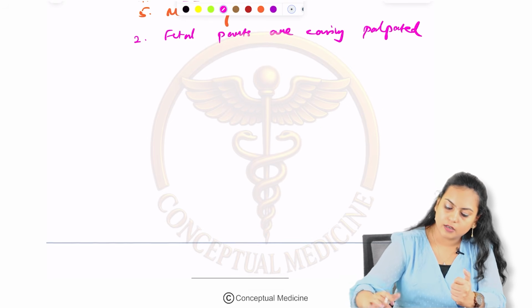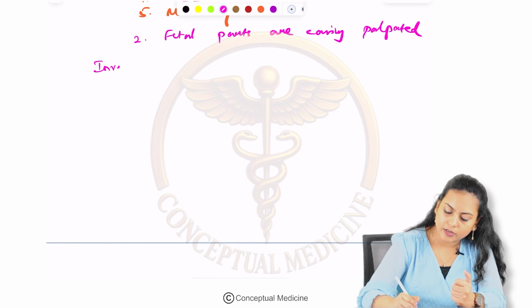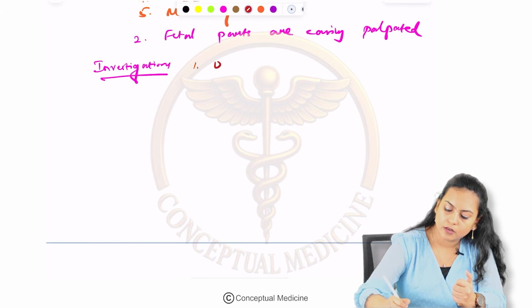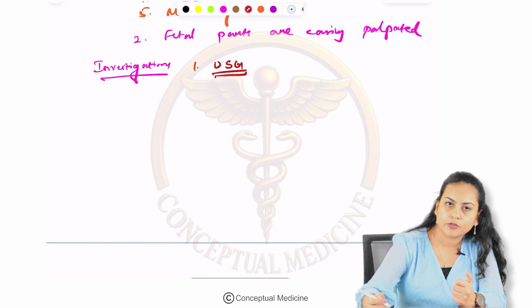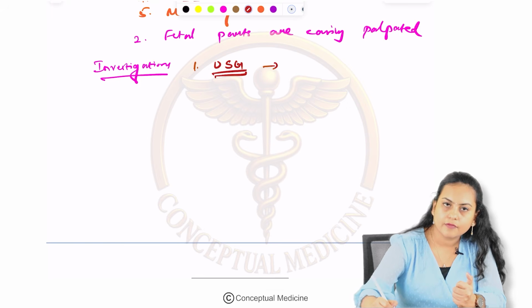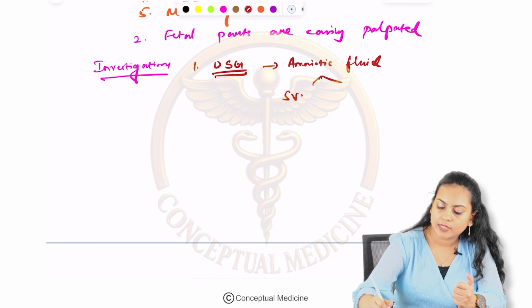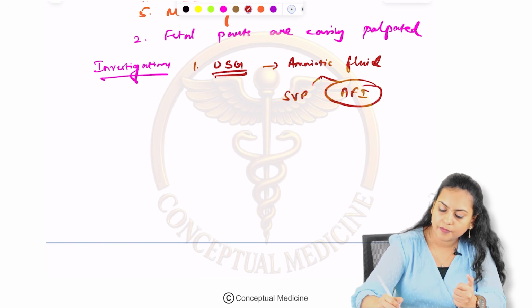Okay. So, what are the investigations we can do? Investigations may include the first and easily approachable thing, ultrasonogram. As we have already seen, we will be measuring the amniotic fluid by either SVP or amniotic fluid index. This is preferred.